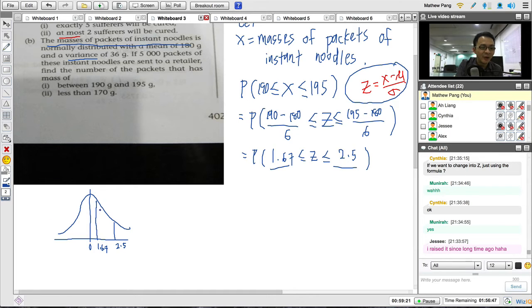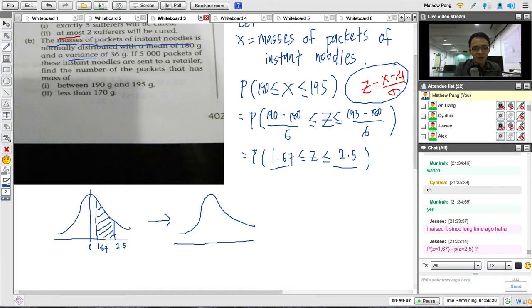Alright, so now I want to find the area between. Alright, this is the hard part. Okay, listen carefully. Some students can use 1 minus this part and this part. But in this case, we can solve it using an easier method. So first, I will find the probability that Z is bigger than 1.67. Oh, sorry, it's 1.67, not 0.167.